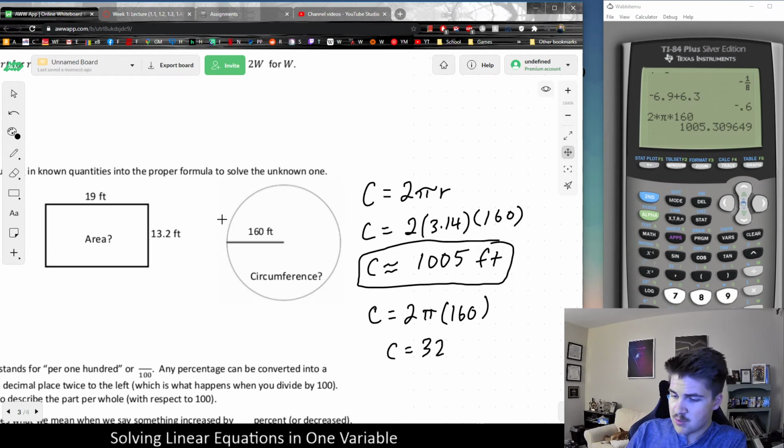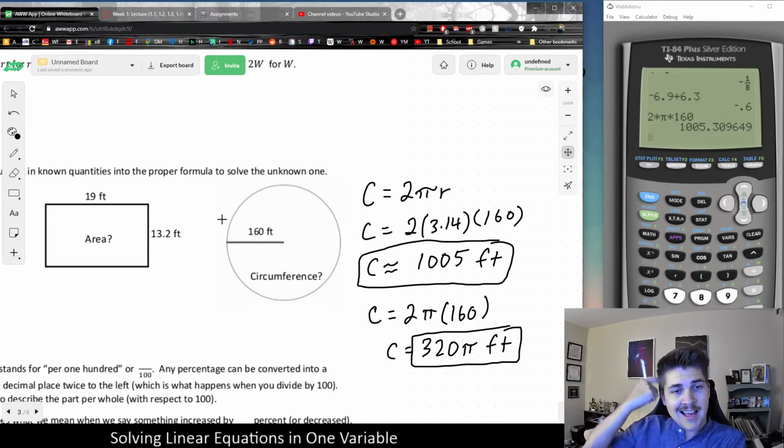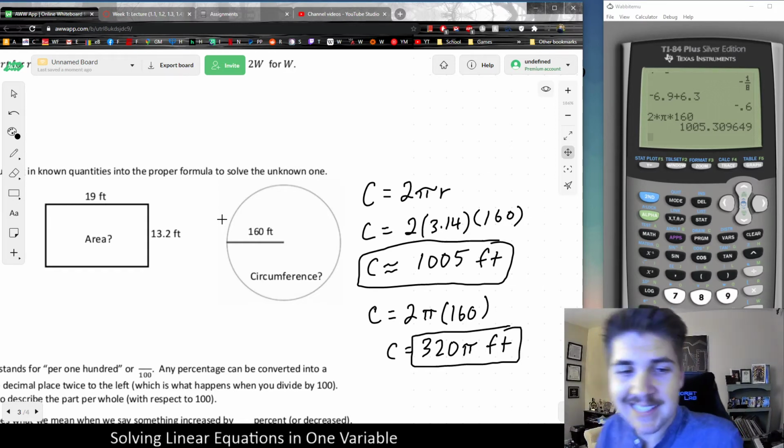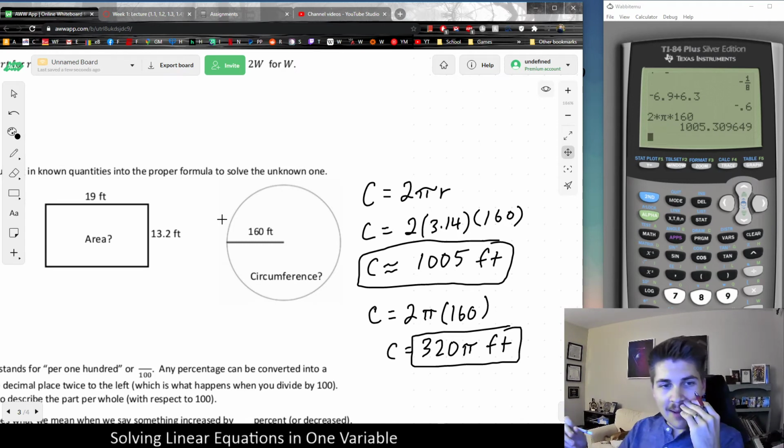So I could just leave it as 320 times pi, and that's again in feet. And this would be an exact answer. There is no other way to be exact with pi because it is such a weird number, and our entire number system does not work very well with circular measurements. There are a lot of other geometric objects that have similar problems in the decimal system.